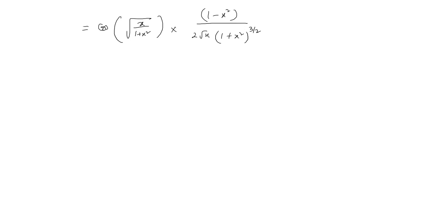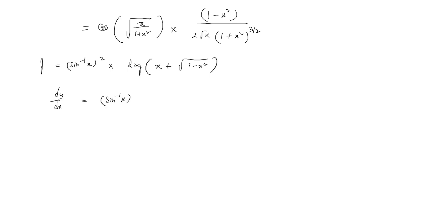Okay. Now let us solve one more problem. y is (sine inverse x) whole square multiplied log of (x plus square root of 1 minus x square). Okay, so this is dy by dx is (sine inverse x) whole square.